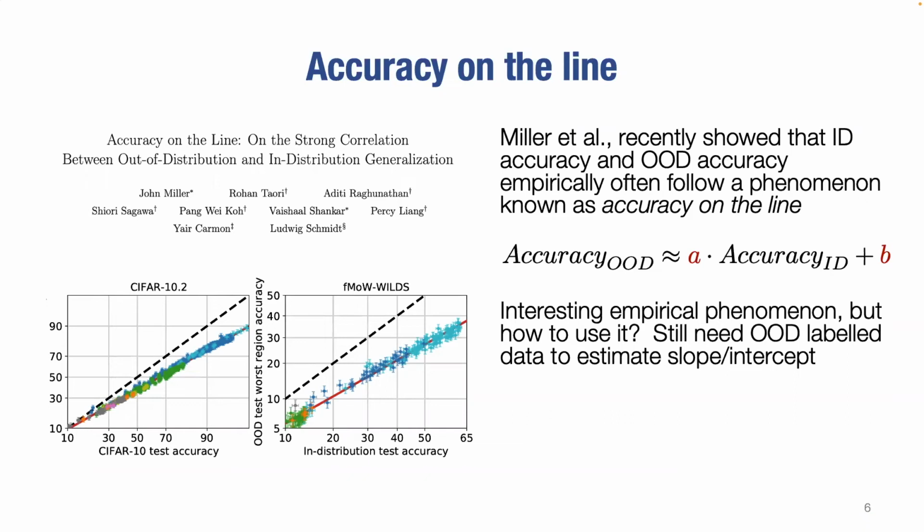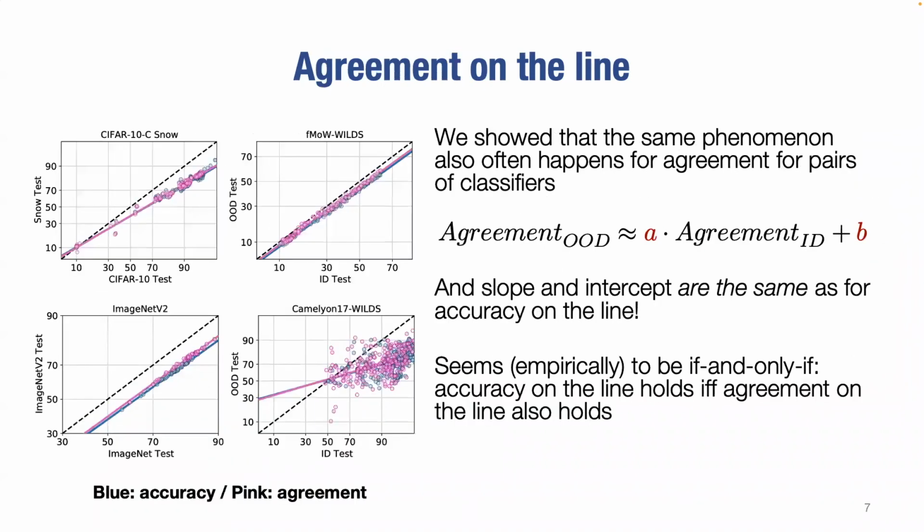And the idea here stems from a seemingly very related, but I would actually argue quite a priori unrelated phenomenon, which we found called agreement on the line, which basically says that this same empirical effect also happens for agreement.